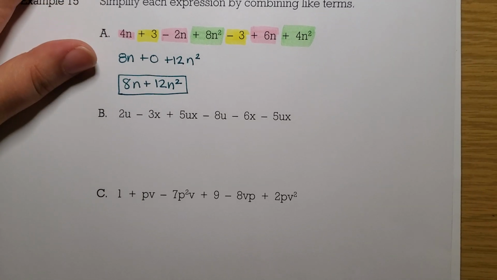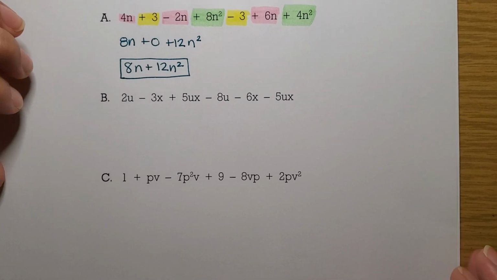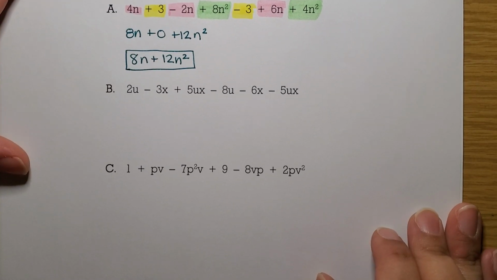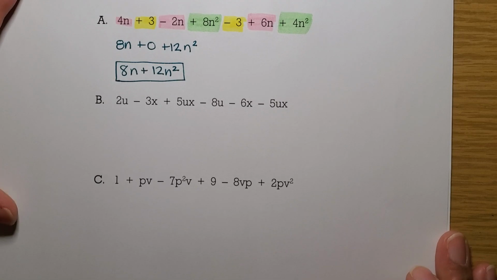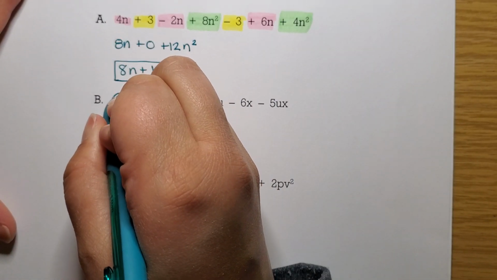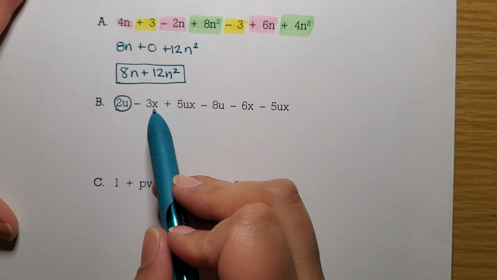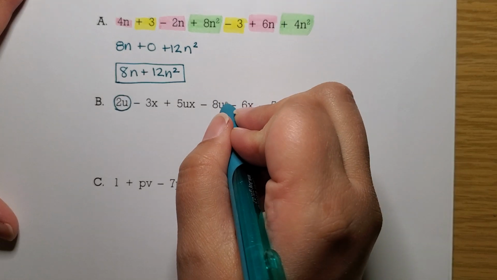Okay, so I had highlighters for that first one, but let's say I don't have any highlighters handy. Here's another way to kind of help you identify terms as you go along. So what I'm going to do is start out with a circle around 2u. So I want only u's.